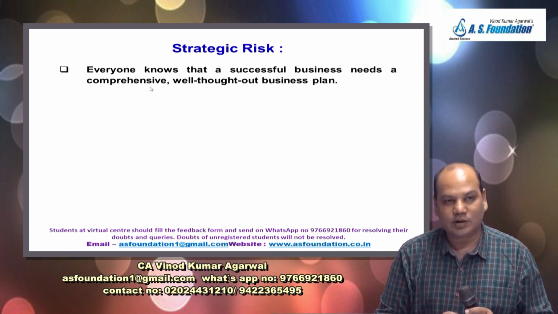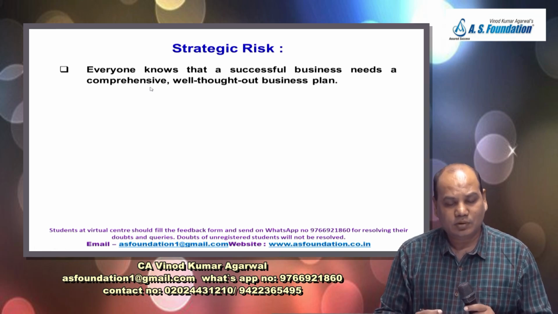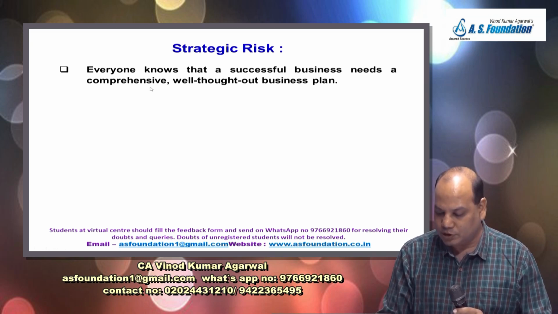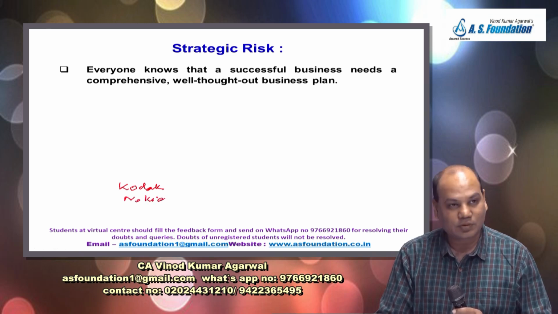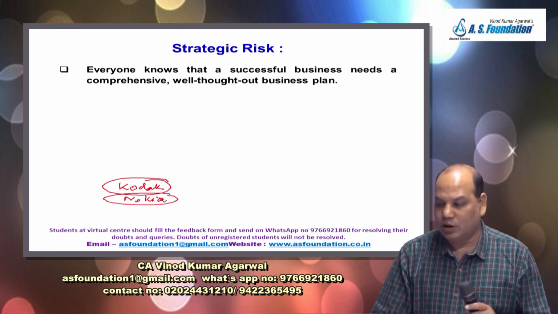So what is strategic risk? It means your strategy may go wrong. 2-3 examples we'll discuss. Example of a company like Kodak we'll discuss. Nokia we will discuss later. Every company, every management will make a plan.